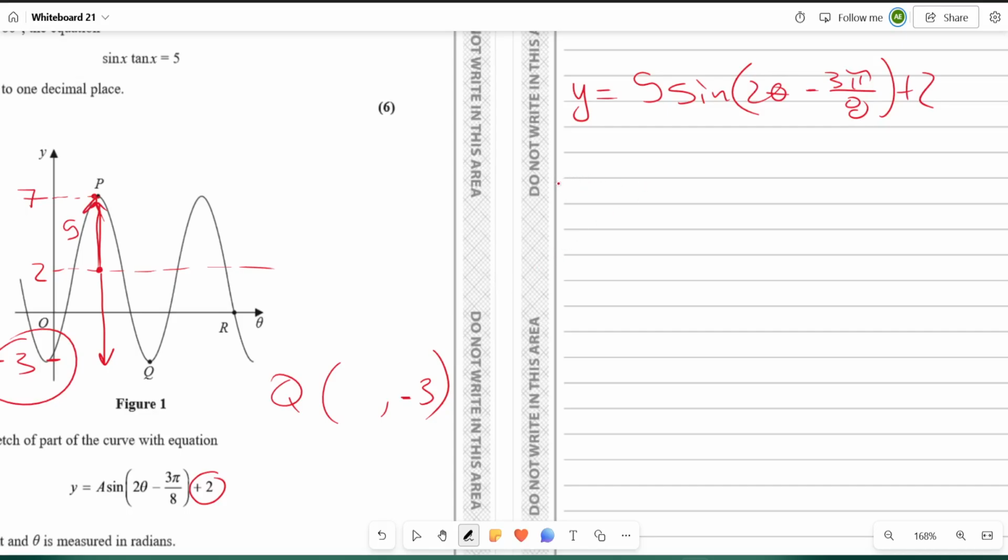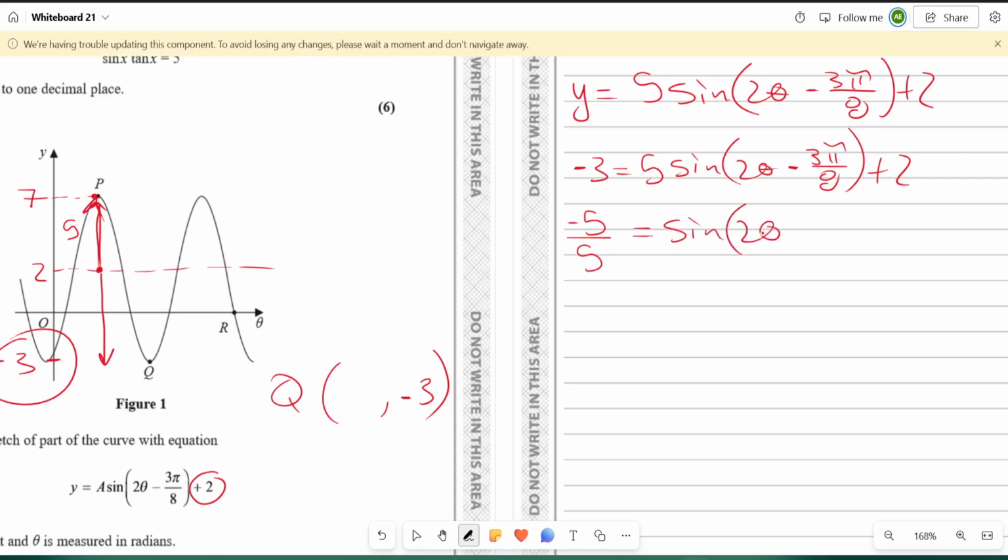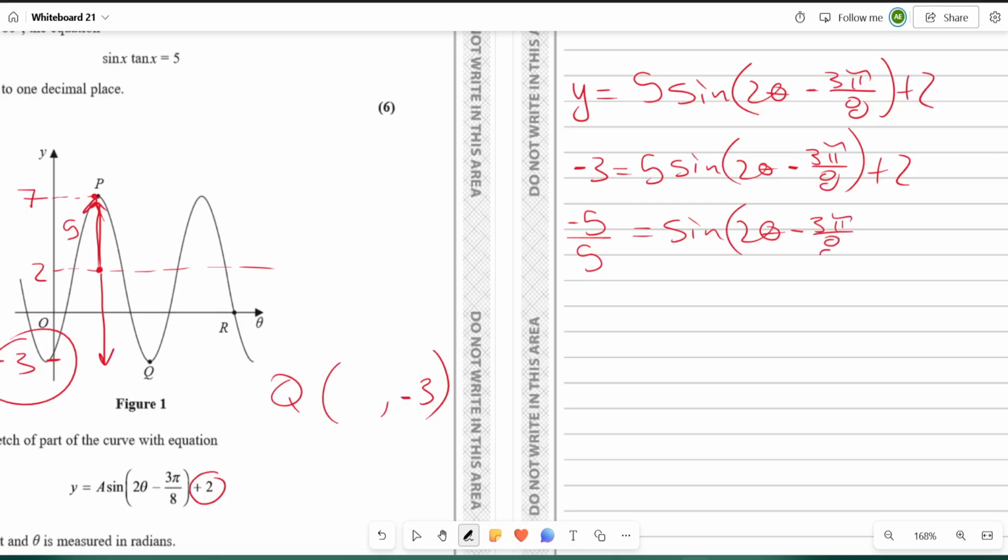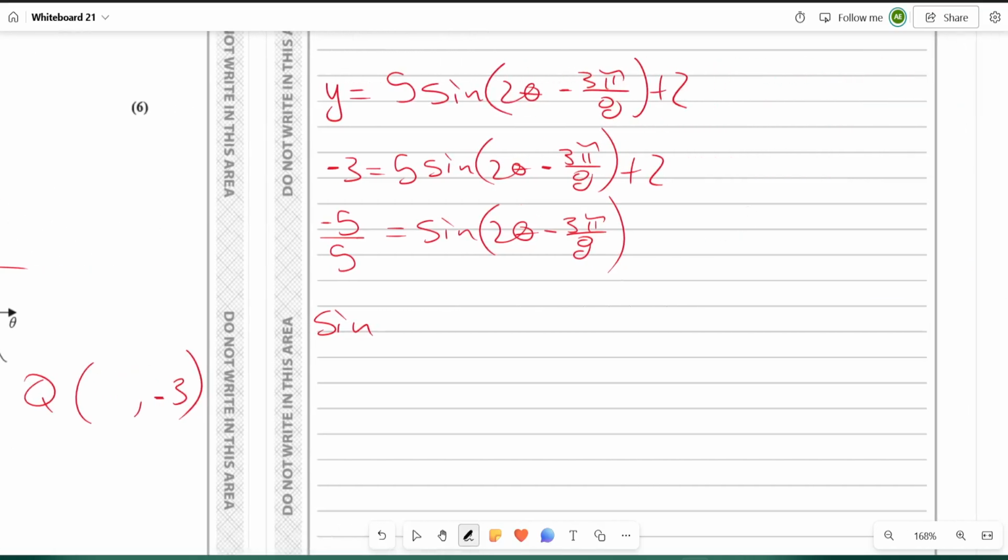So we substitute y with minus 3: minus 3 equals 5 sine (2 theta minus 3 pi over 8) plus 2. What I'm going to do is move this 2 to this side and then divide by 5. So this becomes minus 5 equals this part, and dividing by 5, it equals sine (2 theta minus 3 pi over 8).